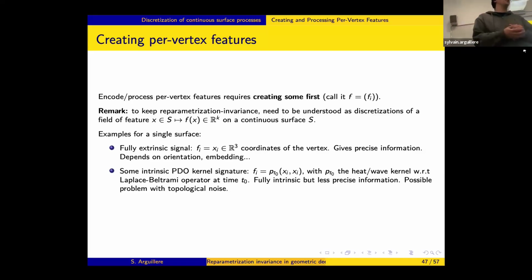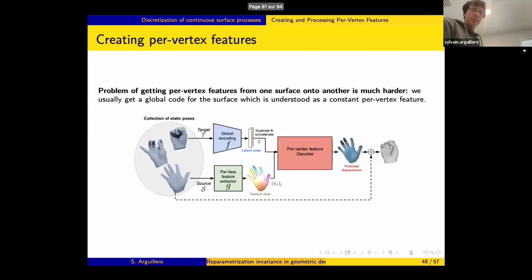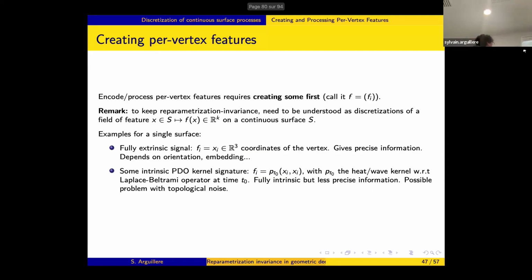That's one way to get signals which are purely intrinsic. They don't depend on the remeshing as long as the remeshing doesn't change things, like holes appearing. But we haven't been using this because it doesn't have as much precise information compared to just the place where the vertices are.